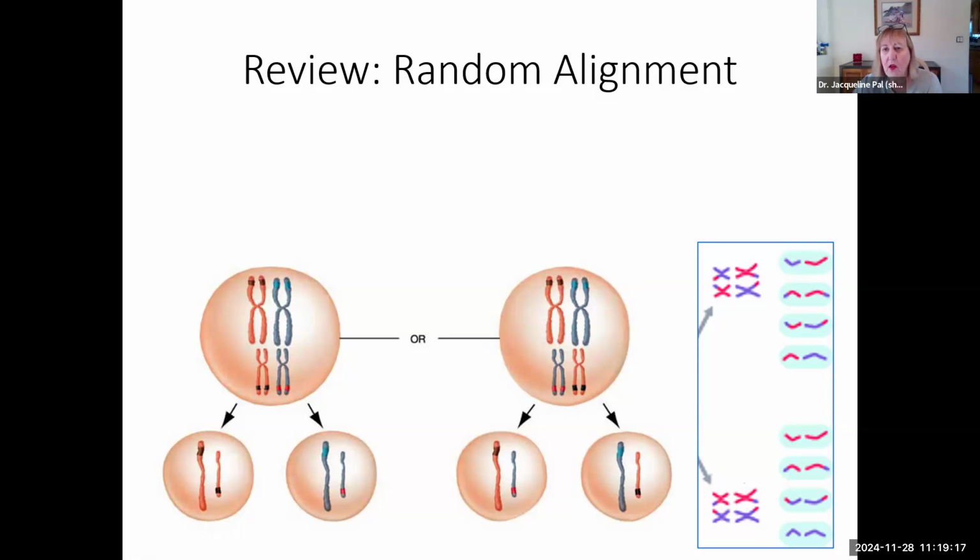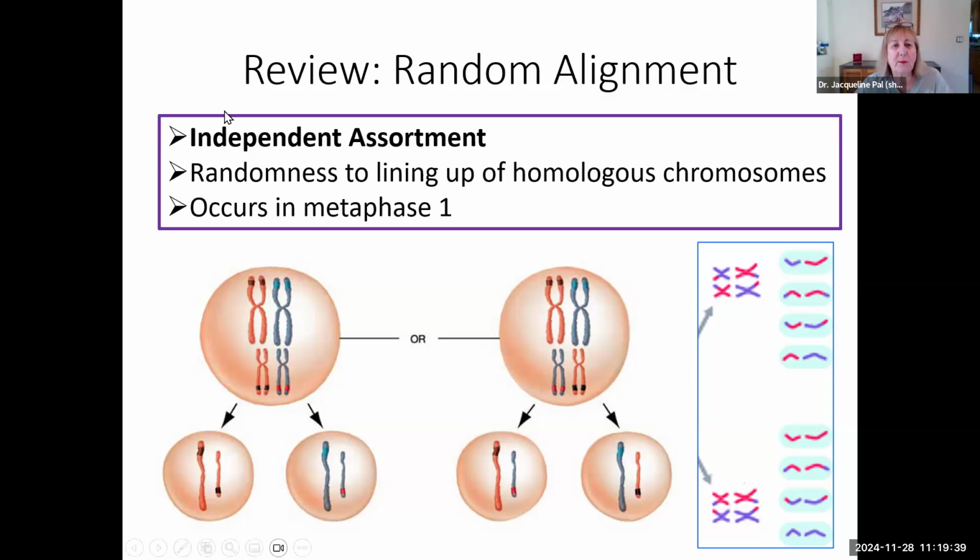And then 2 cells, both showing recombination, one with dad's big recombinant and mom's small recombinant, the other one with the opposite, and then the 4th one would be with mom's big original and dad's little original. So this process is known as independent assortment. There's a randomness to the lining up of the homologous chromosomes, and it occurs in metaphase 1.